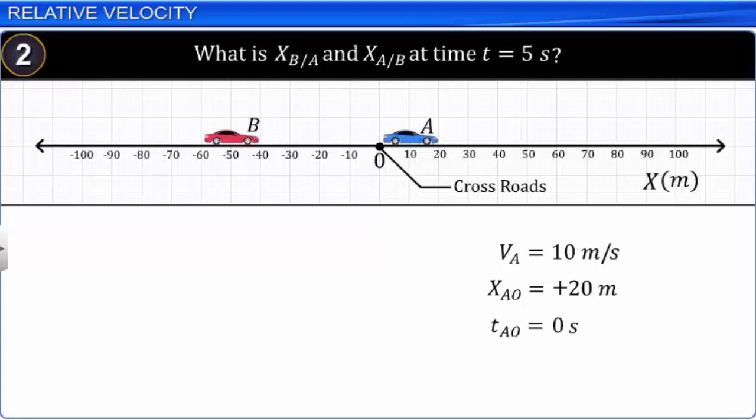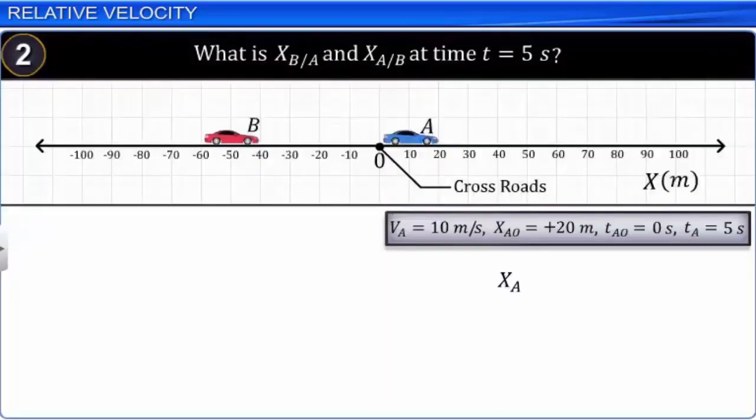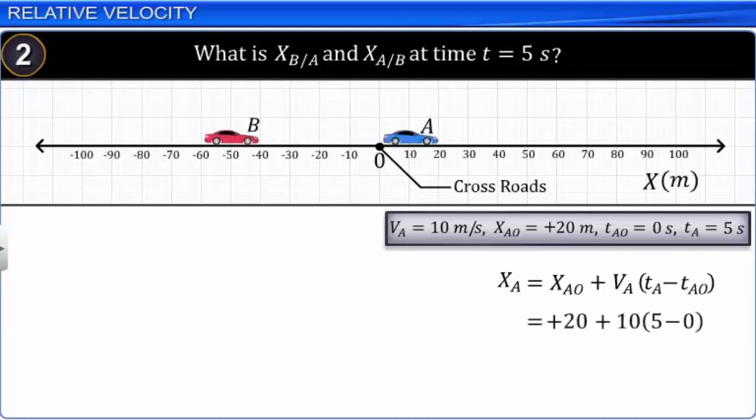We need to find xA. xA is equal to xA0 plus vA into tA minus tA0. On substituting and simplifying, we get xA equal to plus 70 meters.